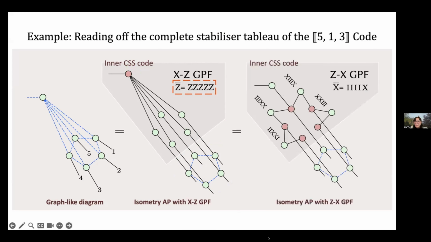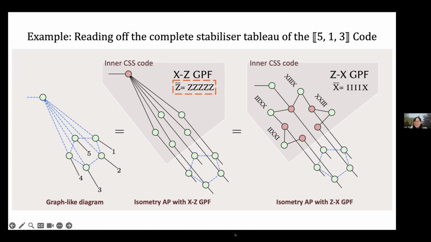We can then do the same for changing this inner CSS code's x-z GPF to z-x GPF. And this lets us read off x bar is equal to IIX, because just numbering from 1, 2, 3, 4, 5, this one is only connected to the 5th one. So IIX.